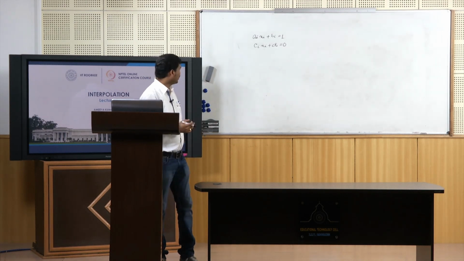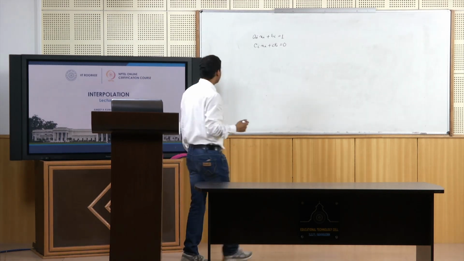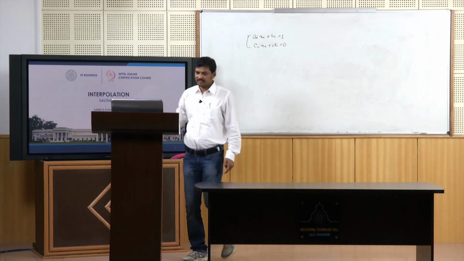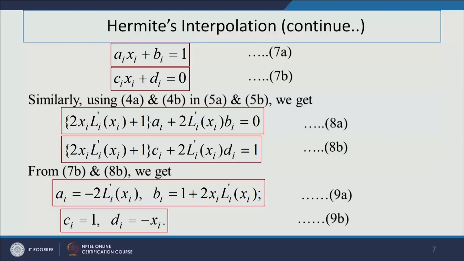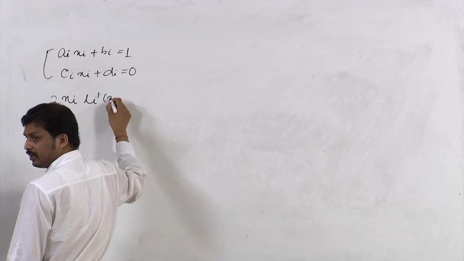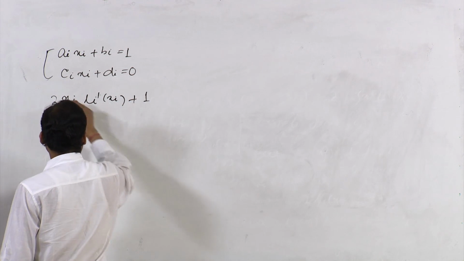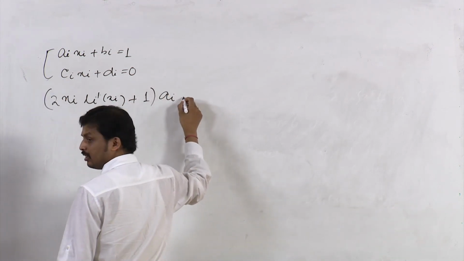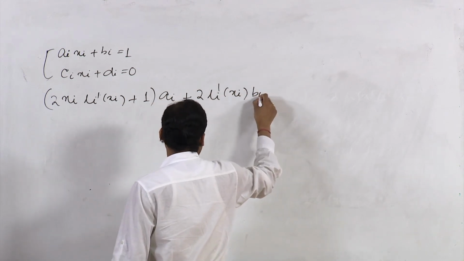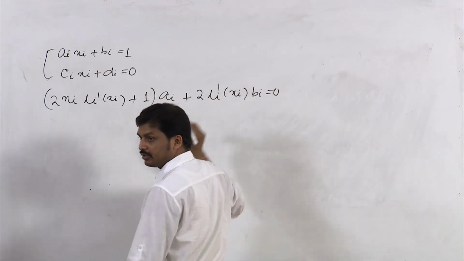So, that is why we can just find this first coefficients as this form here, and if you will just use this same coefficients for the second two equations like 6a and 6b equations here, then we can just obtain this one as 2xi li dash of xi plus 1 ai plus 2 li dash of xi bi, this equals to 0.